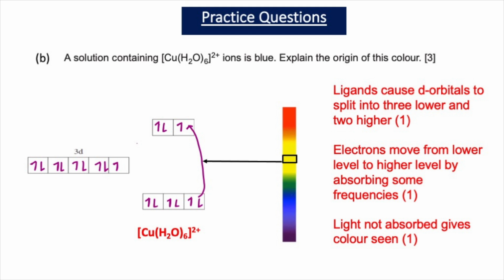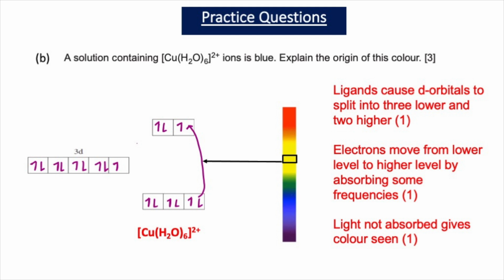Now these d levels split because of repulsion that exists between the ligands' electrons and the transition metal ion electrons. Now the colour is caused by electrons absorbing light from the visible region, and this causes an electron to be promoted to a higher energy level, a higher d level.